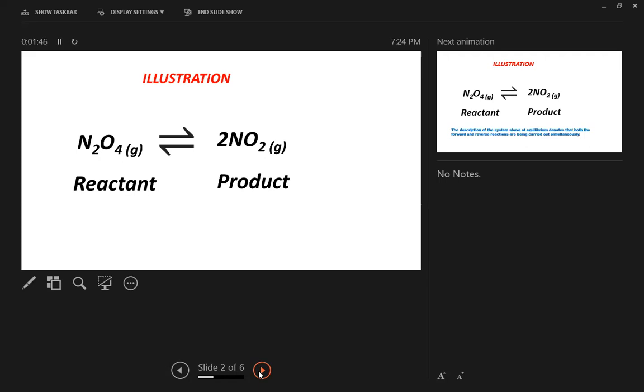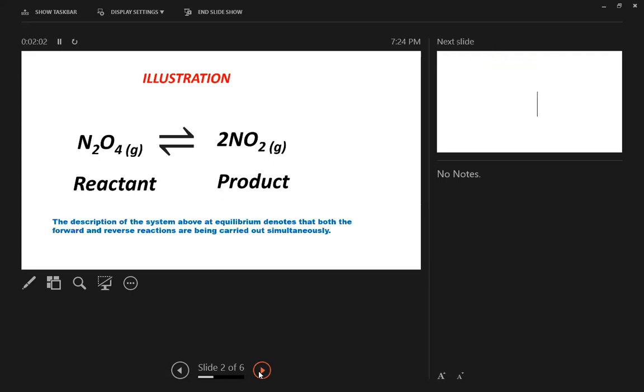This reaction is said to establish an equilibrium system such that the forward reaction is also going back to the reverse reaction at the same time. The description of the system above at equilibrium denotes that both the forward and reverse reactions are being carried out simultaneously.